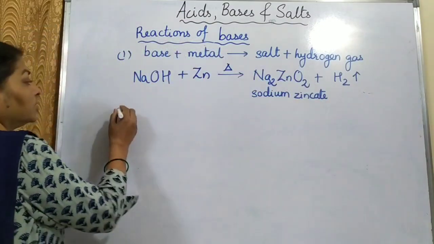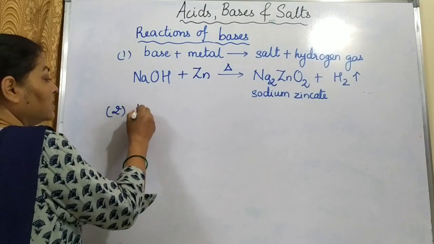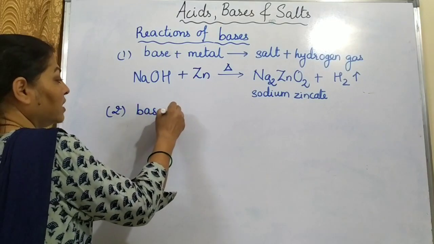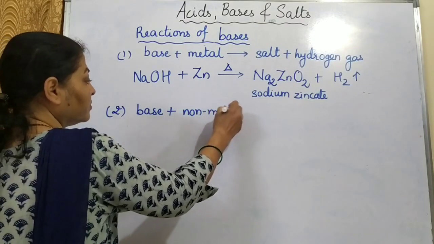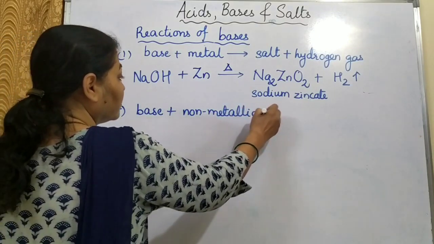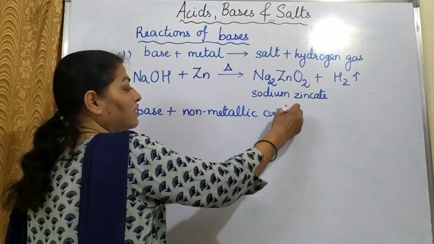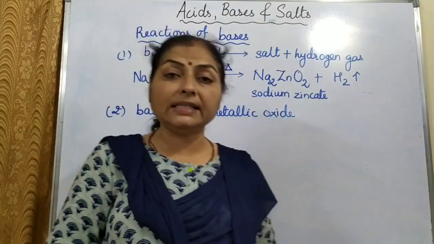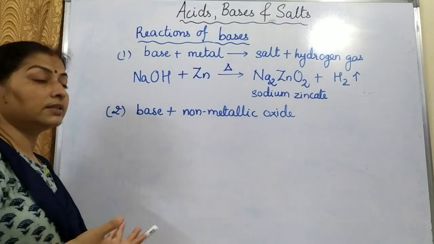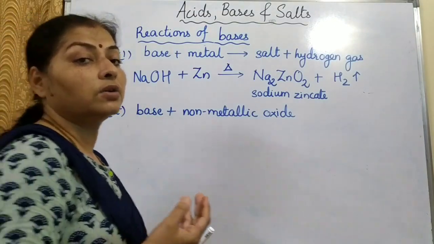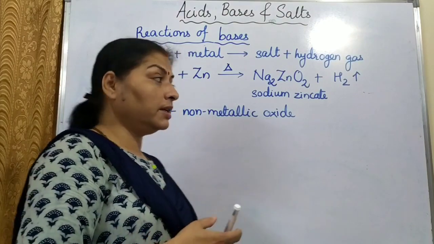The second reaction of base is base with non-metallic oxide. So children, we have seen before that metallic oxides are basic in nature. Non-metallic oxides are acidic in nature. Some non-metallic oxides are also neutral in nature.